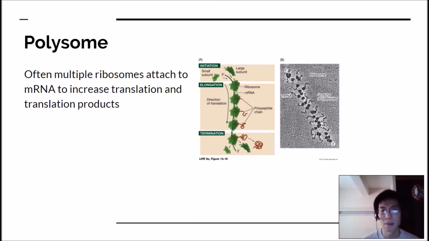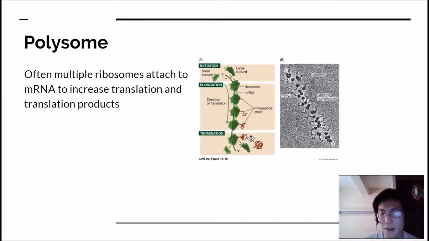One other thing to keep in mind is that translation often occurs in a long series where you have multiple ribosomes attached to the mRNA and cause translation to occur all at once. And that creates what's known as a polysome, where you have a bunch of ribosomes attached to this poor little mRNA molecule, creating more and more groups of proteins.